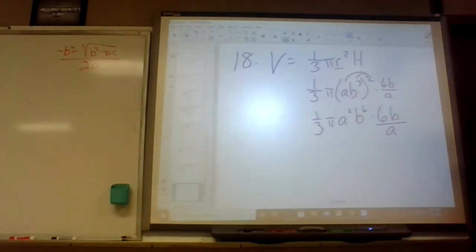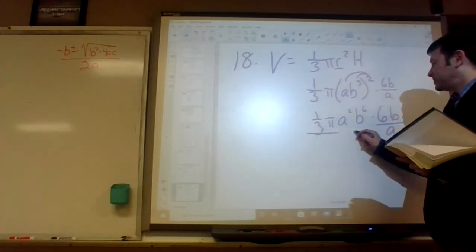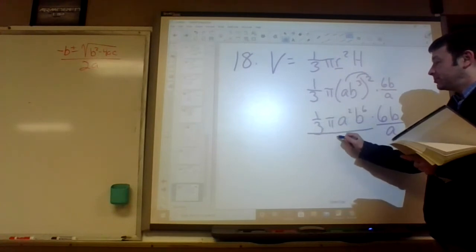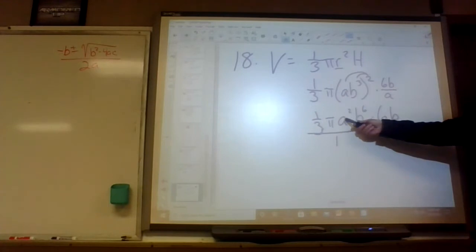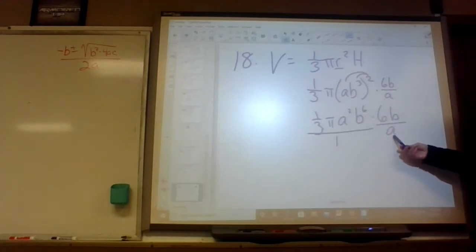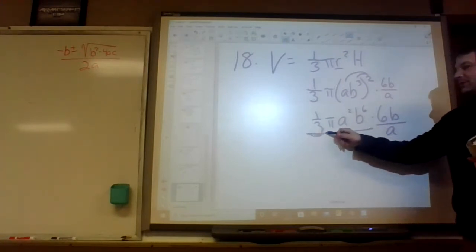Okay, does anybody else have an idea of something we could do? I guess I could keep, that's weird to put the fraction in the numerator, but that's okay, we'll do that. What else can be done? There's 2 A's. A squared divided by A. A. Actually, let's start with the normal numbers because that usually goes first.